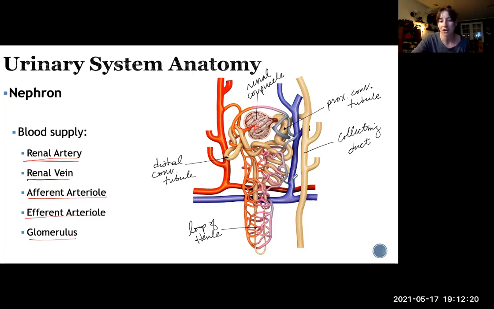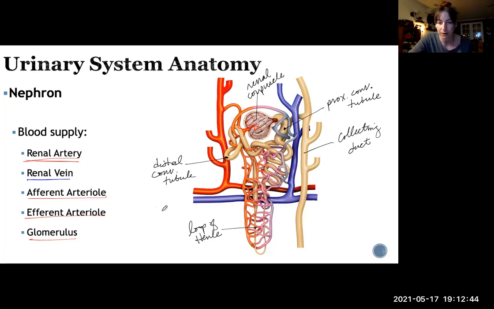We've dropped off oxygen, replaced it with carbon dioxide, as we're feeding the tissues that allow the nephron to do its job, which is what we're talking about right now. We're talking about how the nephron reabsorbs and secretes stuff until you end up with a filtrate that you excrete as urine.